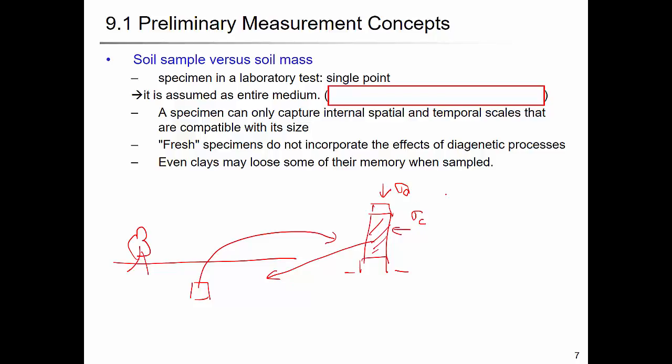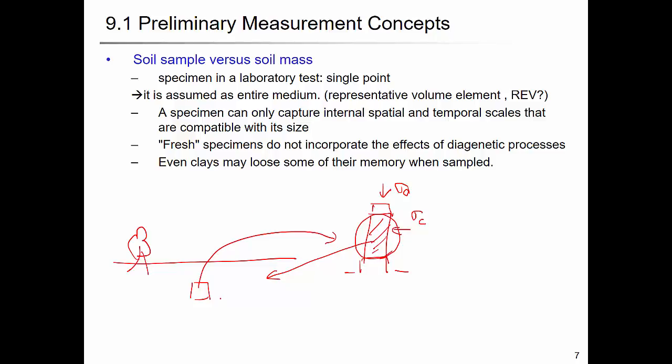A specimen in a laboratory test gives only a single point, but we assume that it represents the entire medium. There is a terminology indicating the representative volume element. It means that this sample should be big enough to represent the field condition.